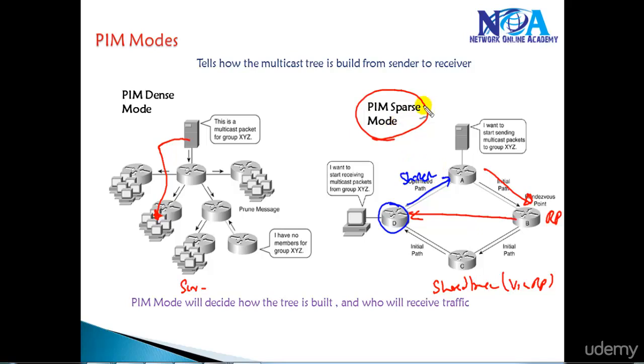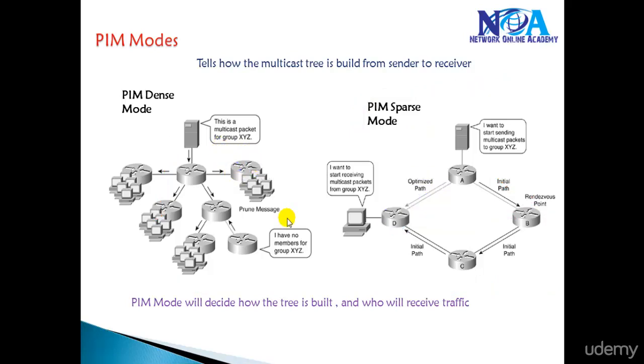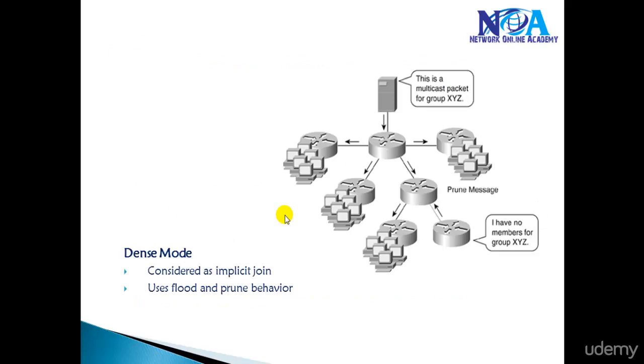So sparse mode uses the shared tree initially, that is via the RP, and then later on it builds the shortest path and uses the source tree. Whereas in dense mode there is no RP, so it floods traffic and every router maintains S, G entries. That's a major difference between how forwarding happens in dense mode and sparse mode.